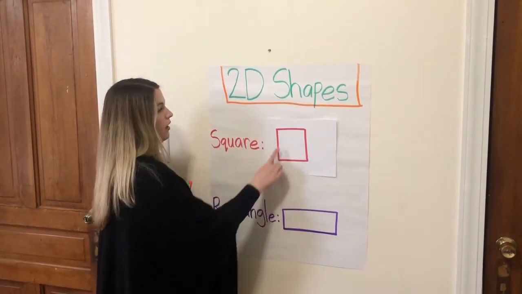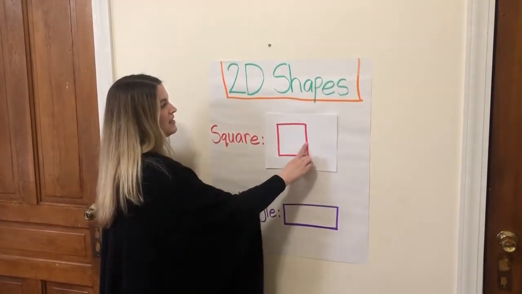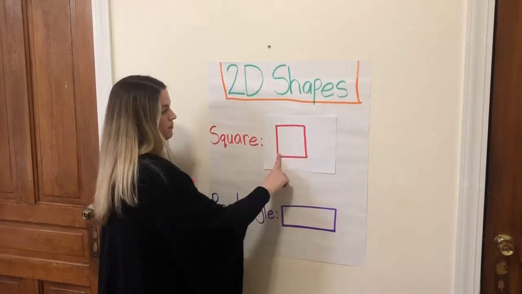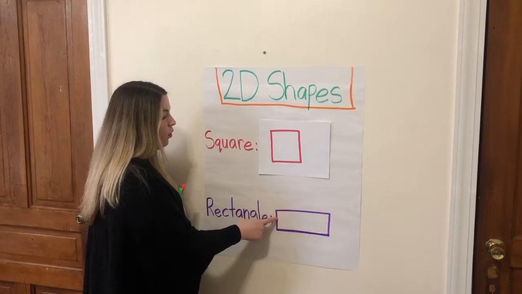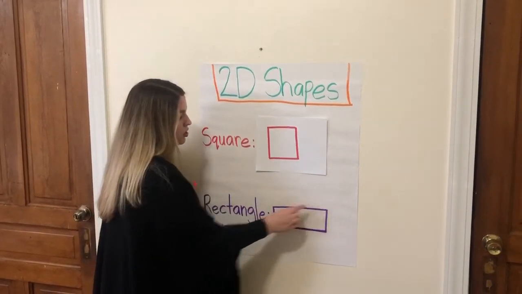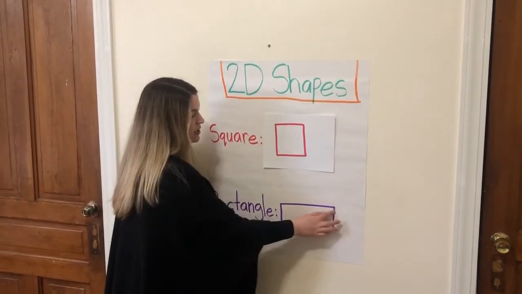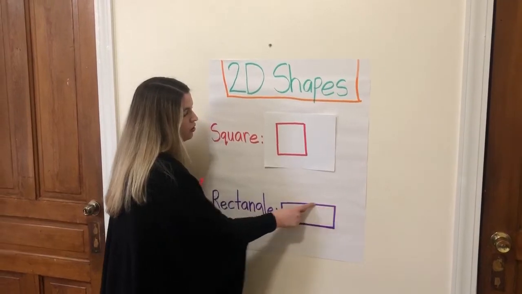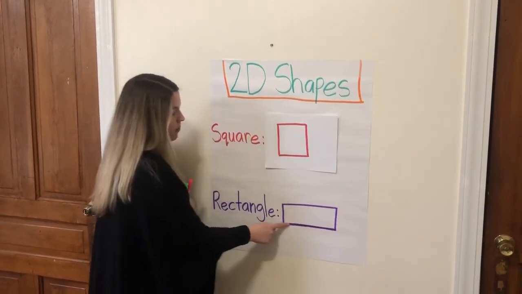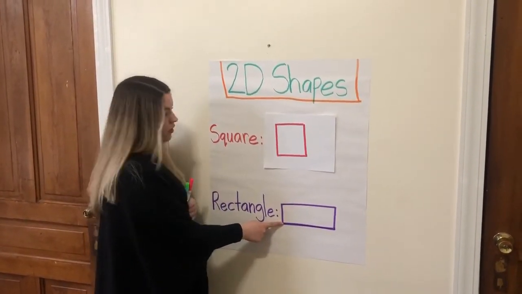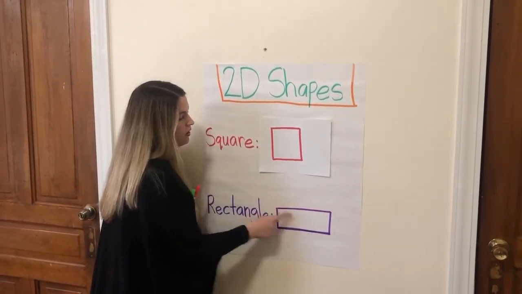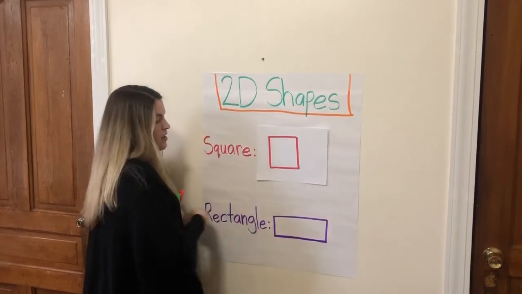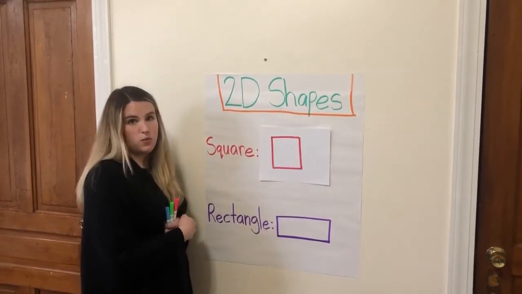The square has four sides that are the same. A rectangle has four sides where two of the sides are small and two of the sides are big. They're longer. So we have shorter sides here and longer sides here.